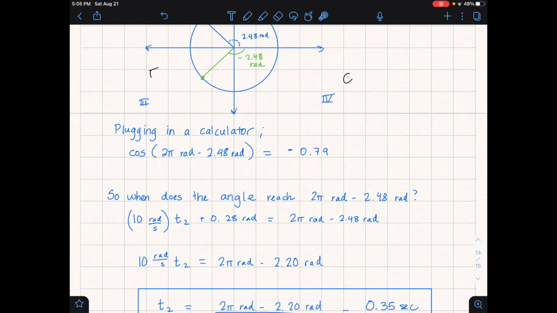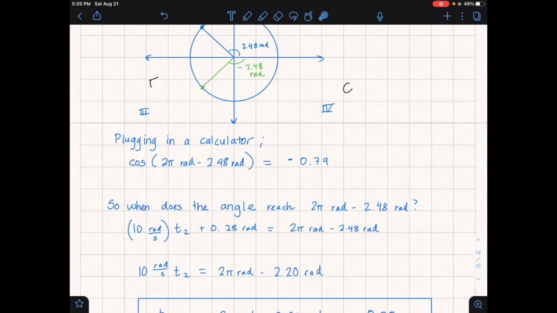And so I went ahead and set 2 pi minus 2.48 radians equal to the argument in the cosine. The argument in the cosine is an angle: it's 10 times a time plus 0.28 radians. This time it's t2. So I just set the argument inside the cosine function equal to the angle that I'm interested in, which is 2 pi minus 2.48 radians.